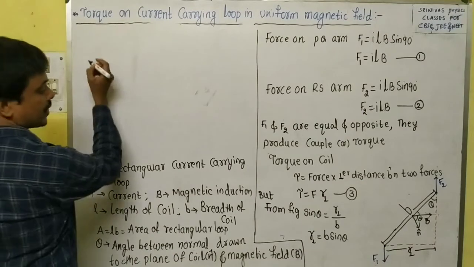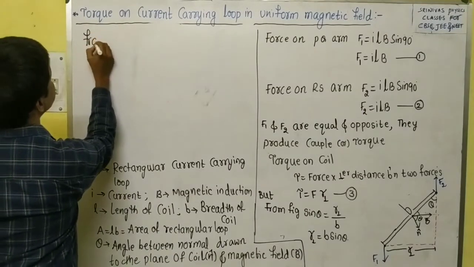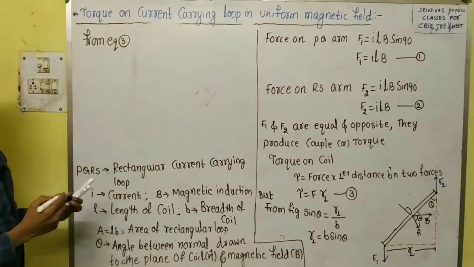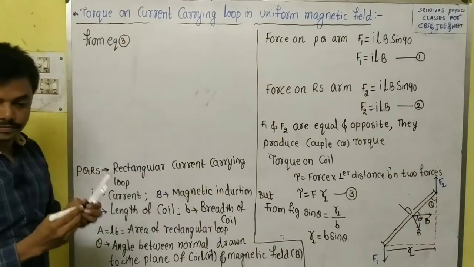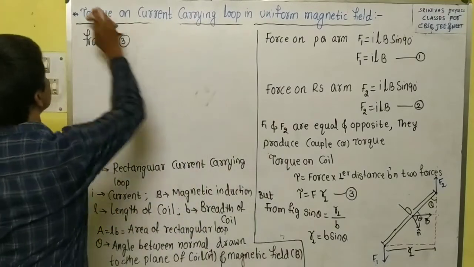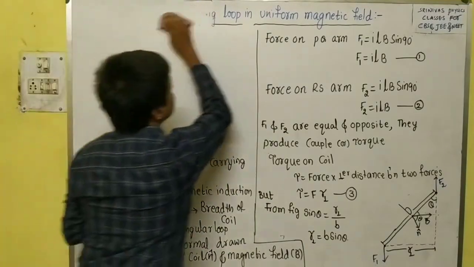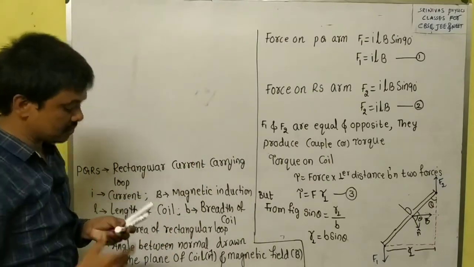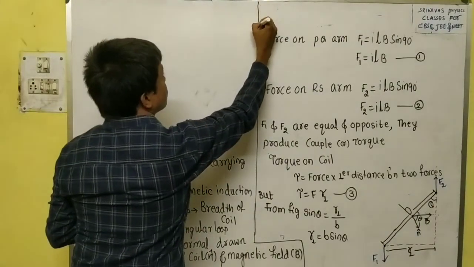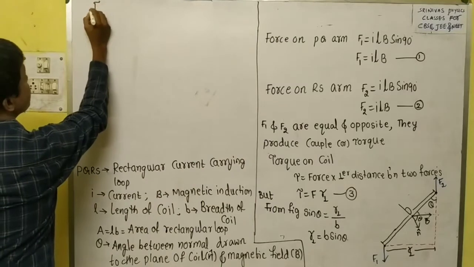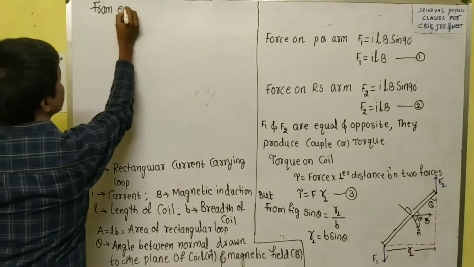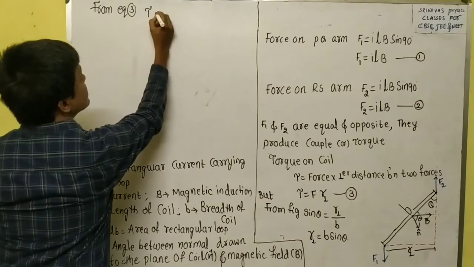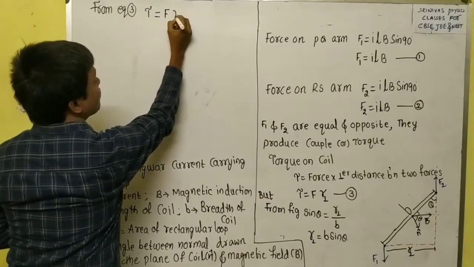Now from equation 3, what do we write? From equation 3, the torque formula is F into R perpendicular.